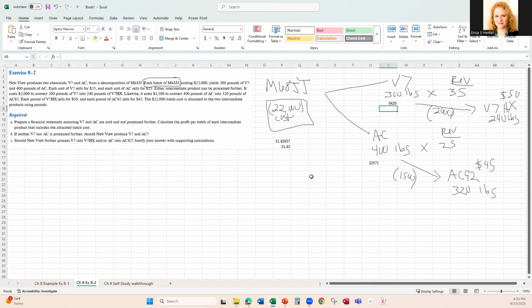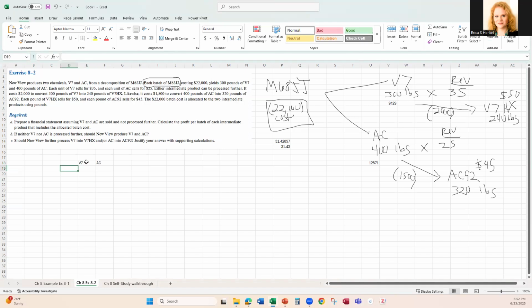Now, they're asking us to prepare a financial statement. If they are sold and not processed further, calculate the profit per batch. So we're going to put here V7 and AC.